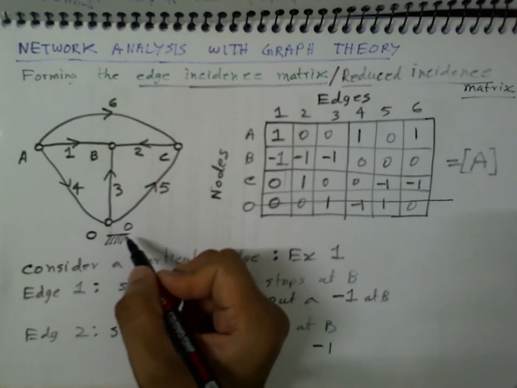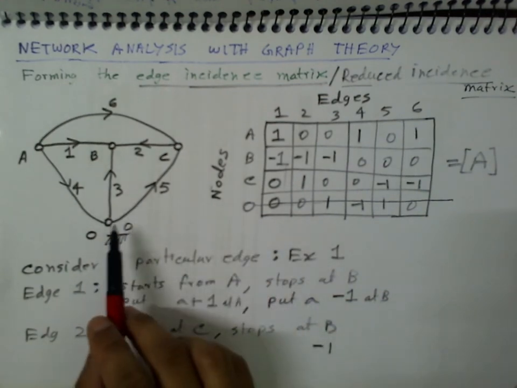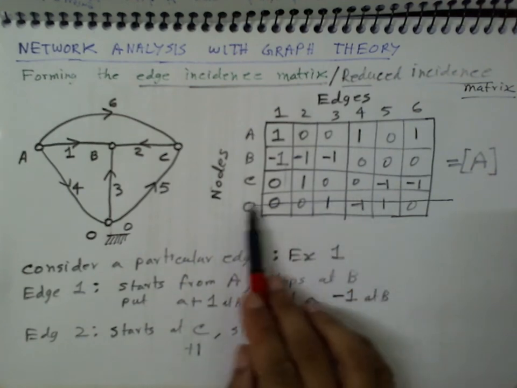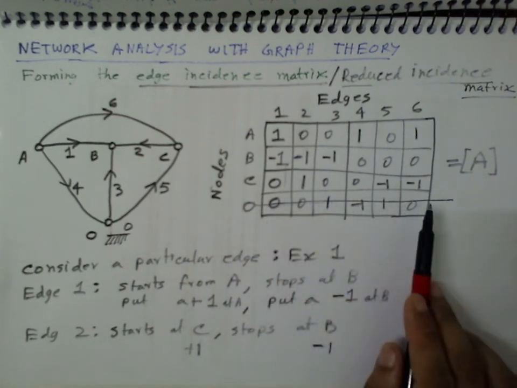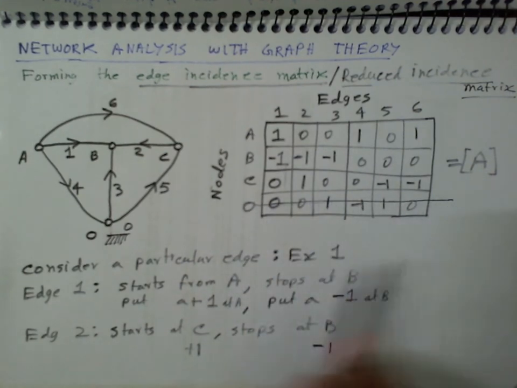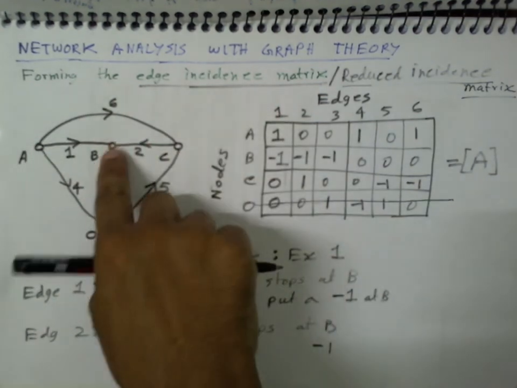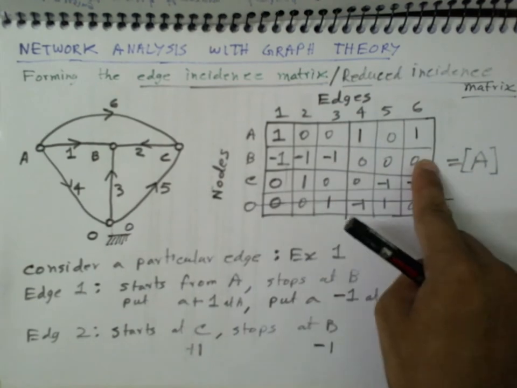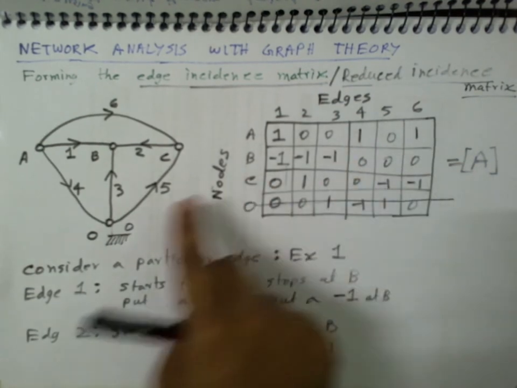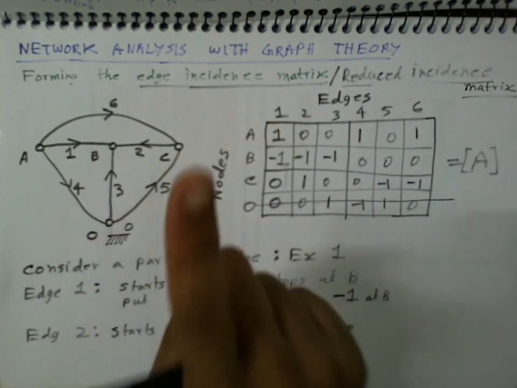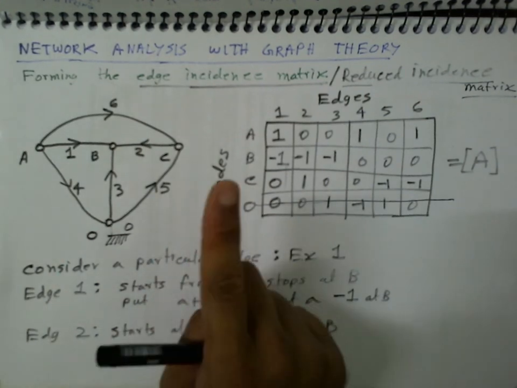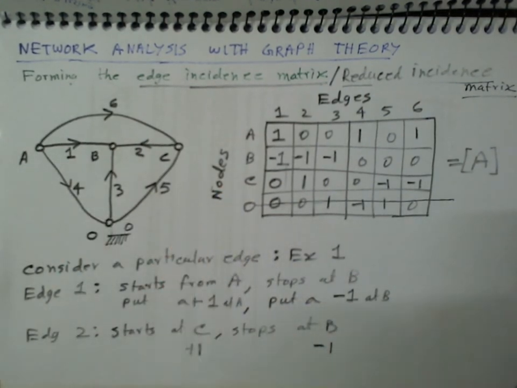This node is earthed or reference, and we remove the entry or the row corresponding to this particular node. You can choose any other arbitrary node as the reference. You can choose B as the reference, then remove B. But do not remove O, then remove only one row. Any one, but only one.